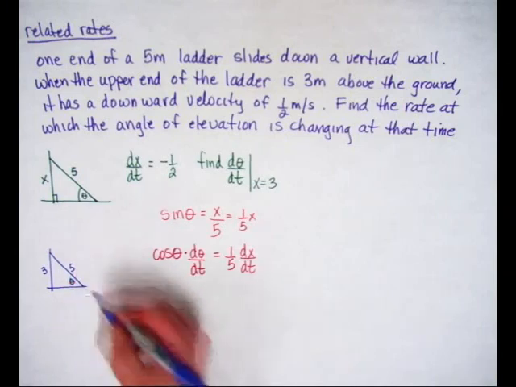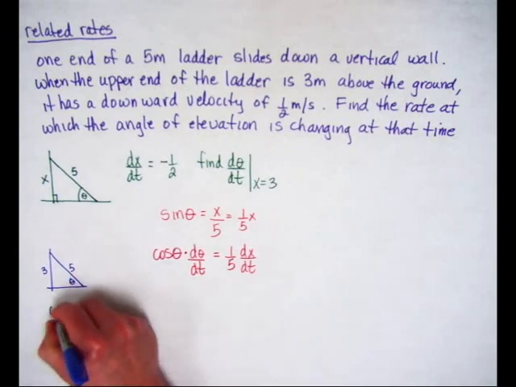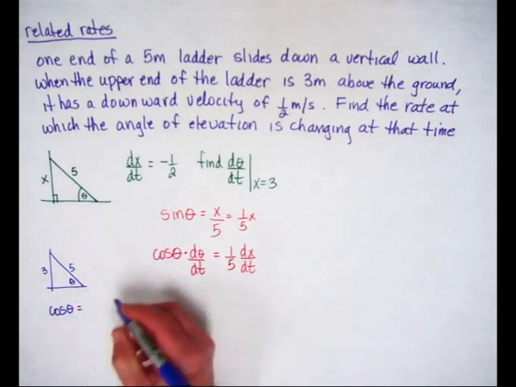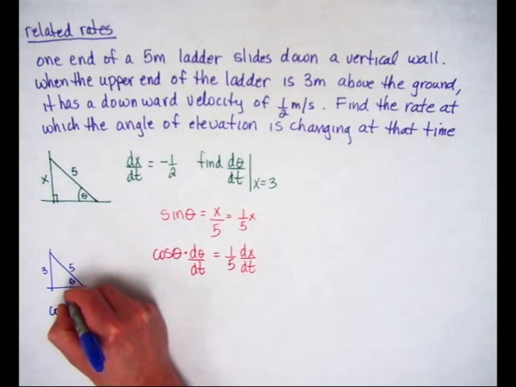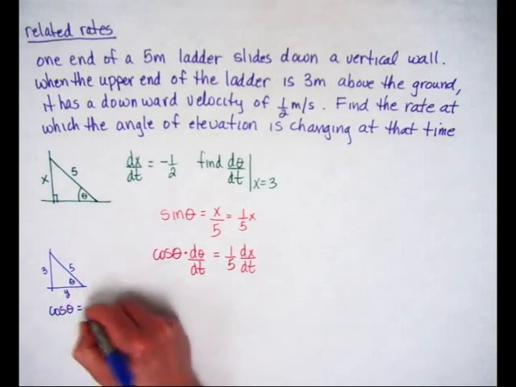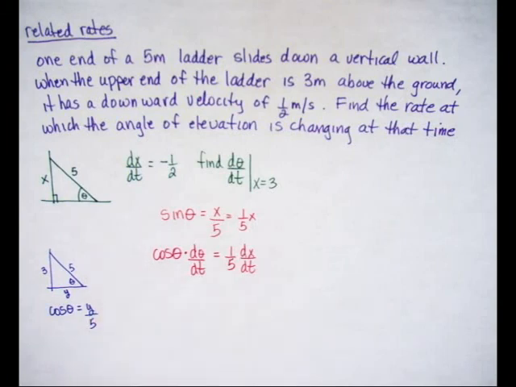Well, the cos of theta is adjacent over hypotenuse. So this piece right here, which we can just call y, we need to know that value so that we can find the cos of theta.